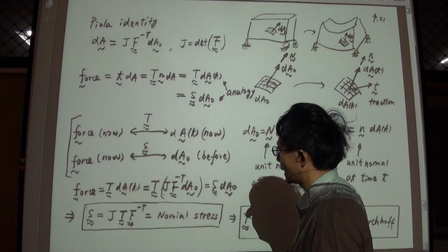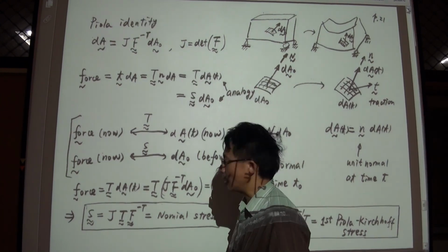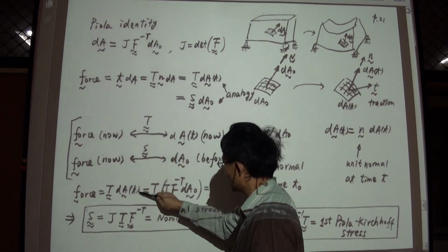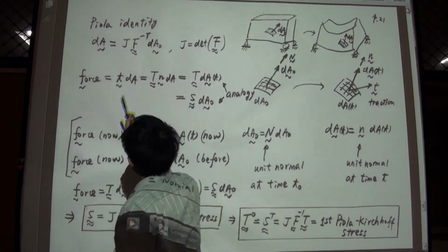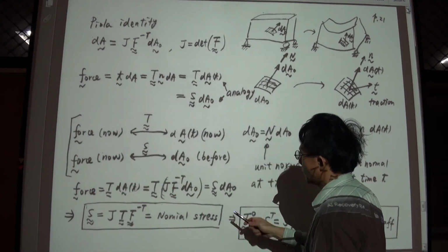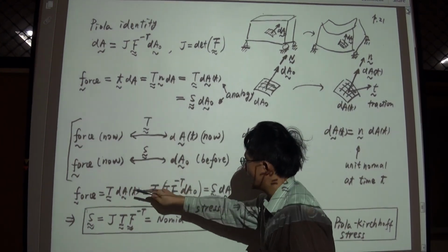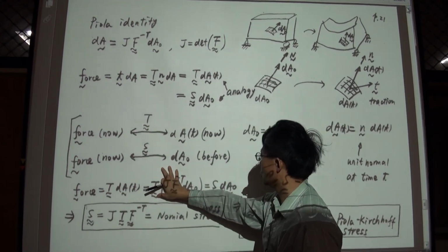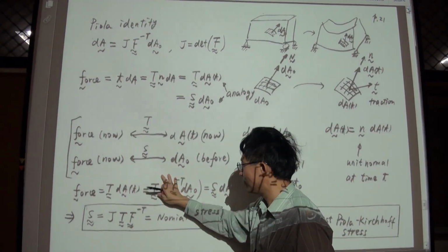Let me say that again. We have the definition of the Cauchy stress, and then this one can be replaced by this one because we have the Piola identity. And now once we do so, we have related the force vector to the dA0 vector by something here.